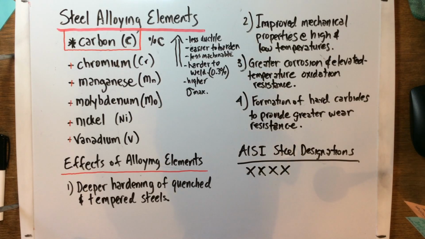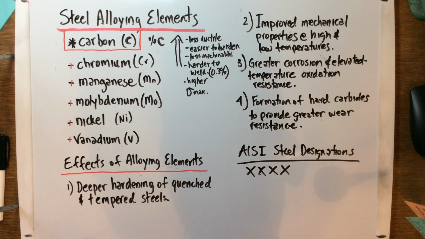However, anything above 0.3% carbon content in steels becomes less and less weldable. In other words, it's a little more difficult to weld, and a lot of times it's not even recommended to be welded, especially if it's in some sort of structural application that is going to be subjected to a lot of different types of stresses and forces and loads, dynamically, statically, whatever.